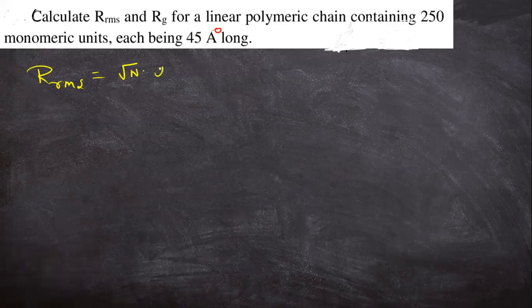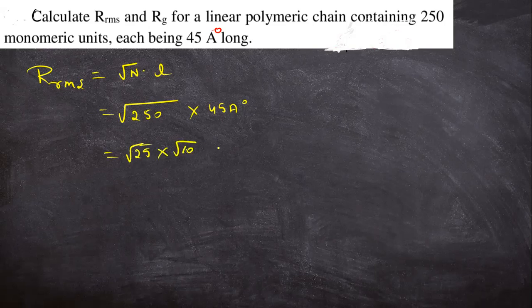Root n into L. So root 250 into length 45 angstrom. Try to solve this without a calculator. It will be root 25 into 10, into 45 angstrom.